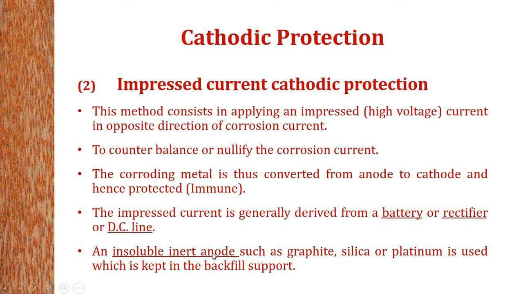That means it is not going to be consumed, it will just act as anode. Such materials are graphite or silica or platinum. So these are inert materials, but these are to be kept safely in backfill support. They should be supported by backfill. For example, coke is used as a support.